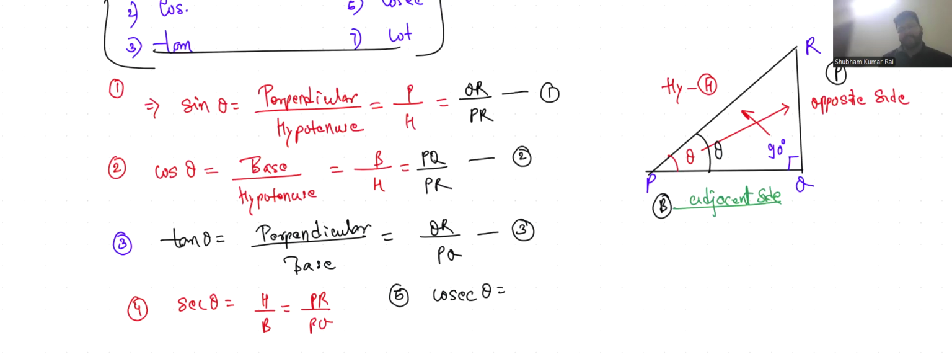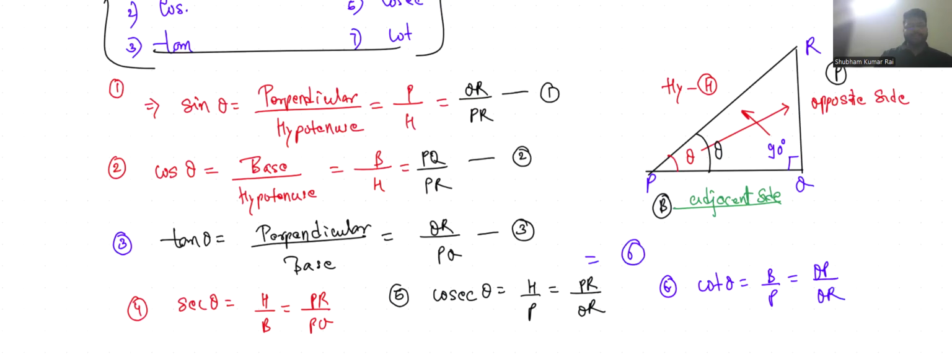It will become hypotenuse upon perpendicular, that is PR upon QR. The sixth ratio is the inverse of tan theta, that is cot theta. It will be base upon perpendicular, that is QP upon QR. So these all are the 6 trigonometric ratios.